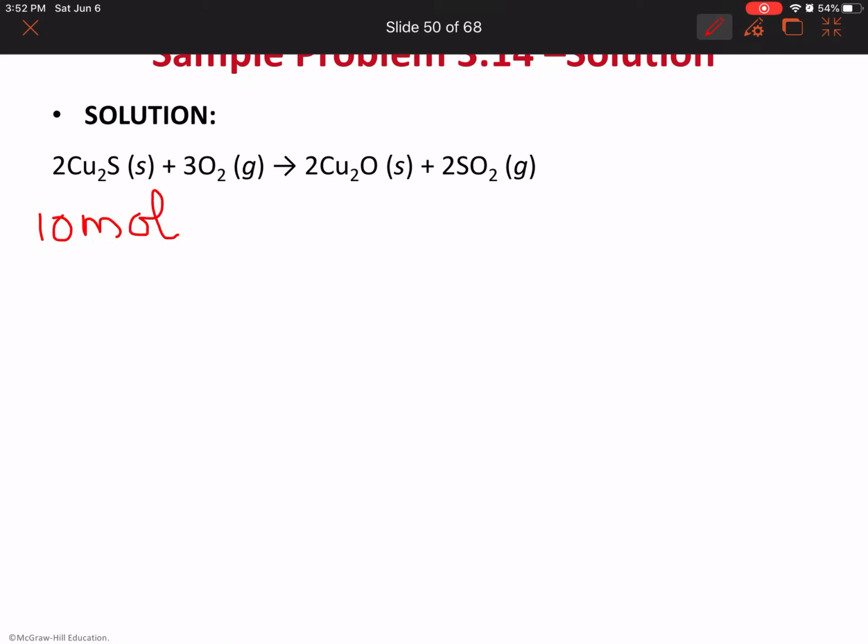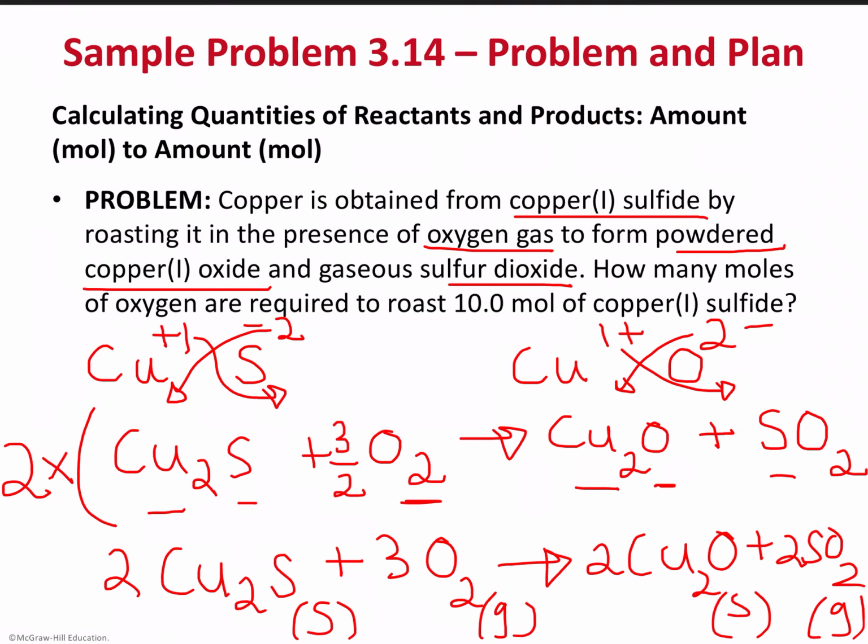It is asking how many moles of oxygen. You put a question mark, what's been asked, and you write down what's given. Correct? So read here again. It's asking how many moles of oxygen are required to roast 10 moles of copper 1 sulfide.